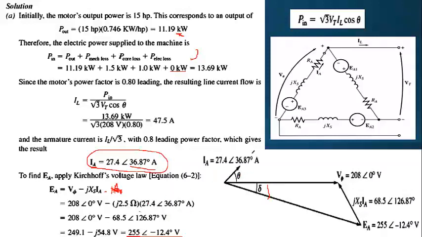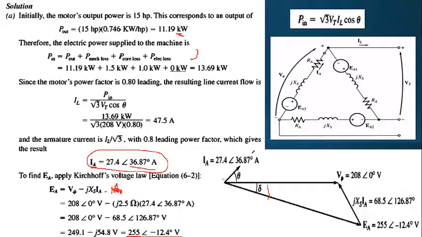So now we have almost all our parameters, so we can go ahead and draw our phasor diagram. If you are drawing the phasor diagram, first of all, you need to draw your phase voltage, because that one is always the reference line. So you draw the phase voltage, and we know it is 208 angle 0 degrees. In the question it was stated that it's a leading power factor. Leading power factor means that the current is leading this phase voltage.